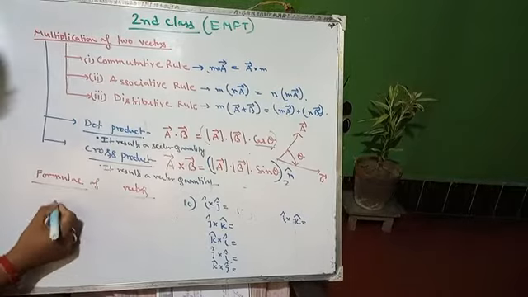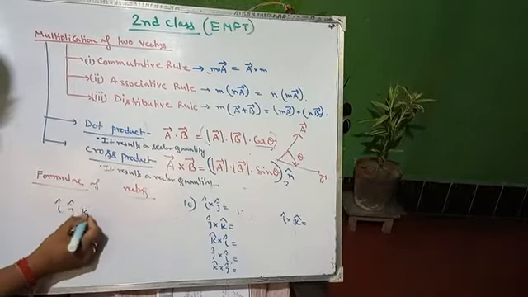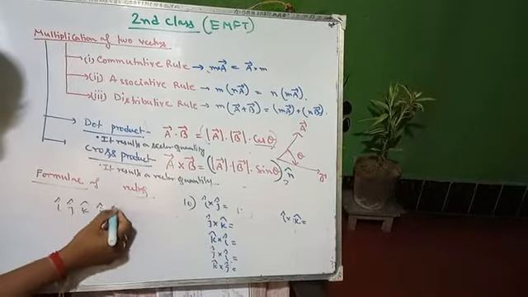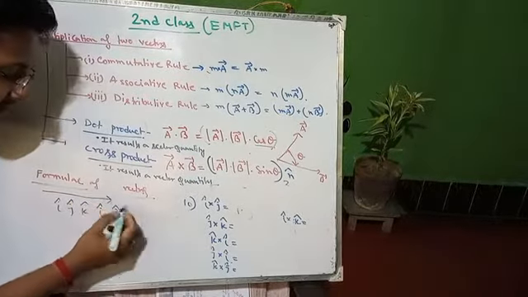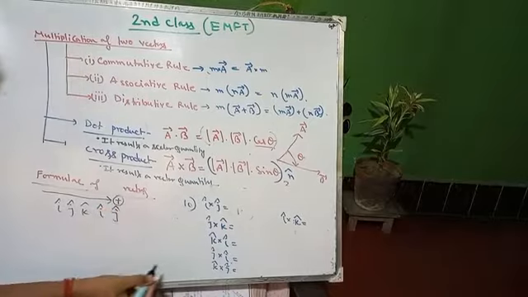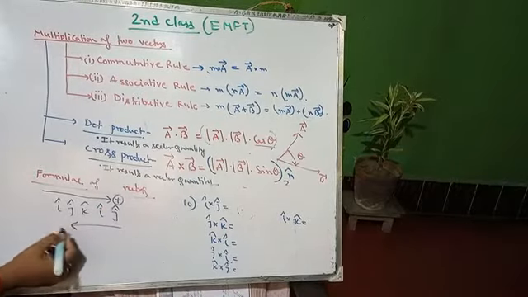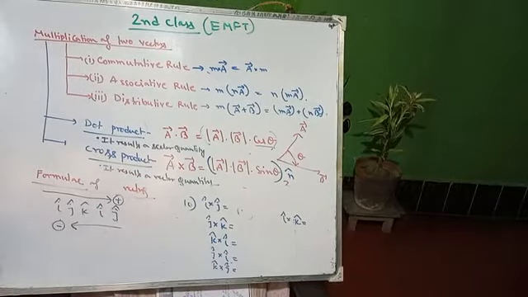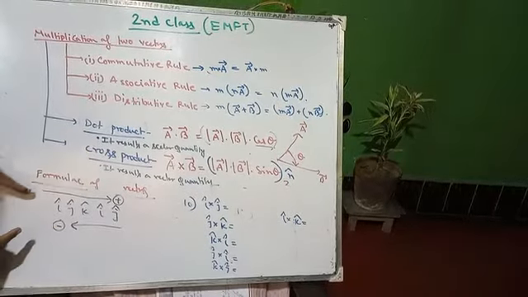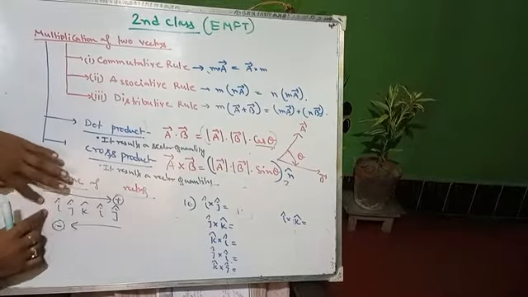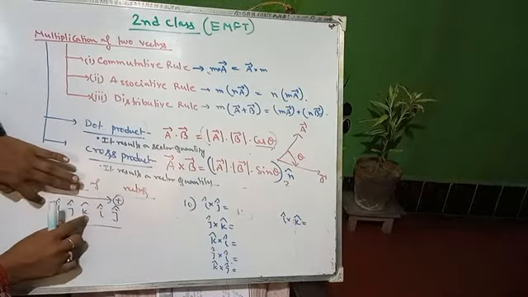Always remember the sequence I, j, k, I, j. You have to write this sequence. If we move from left to right, it gives the positive of the next, and if we move from right to left, the negative of the next. I cross j: we move from left to right, so I cross j produces plus k.